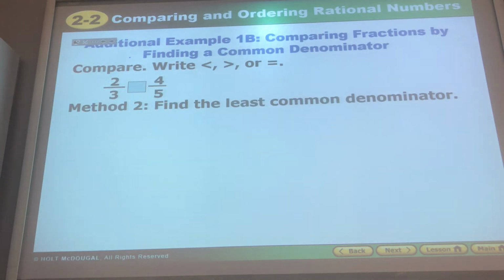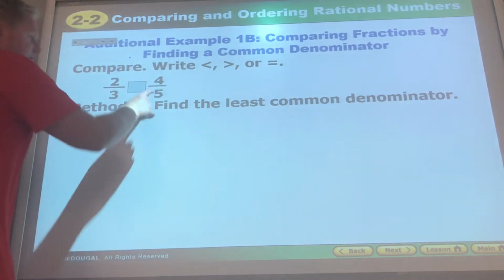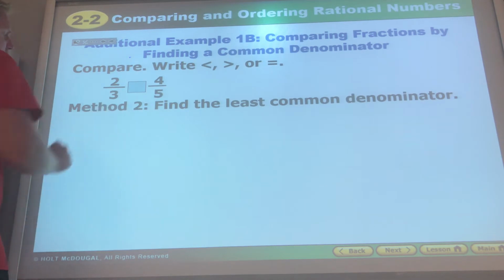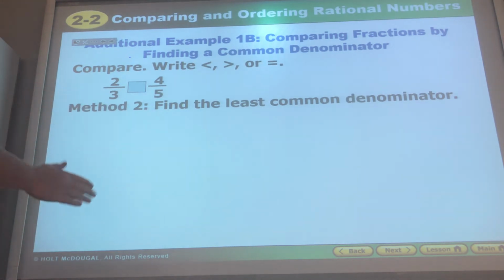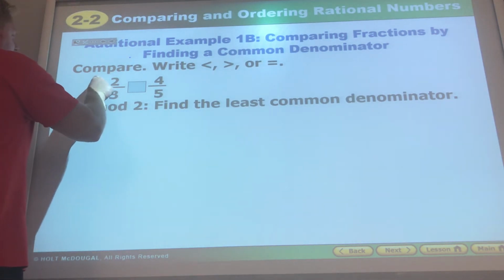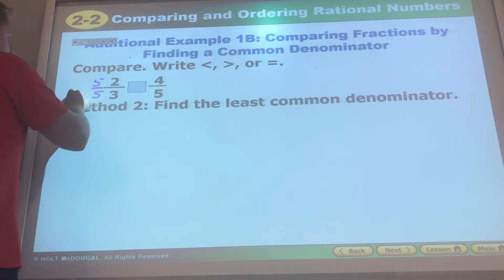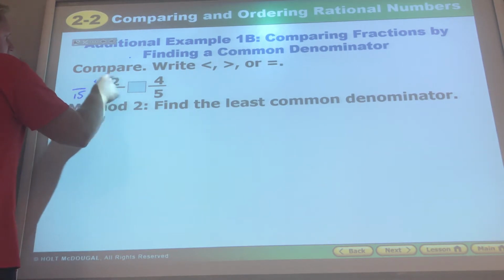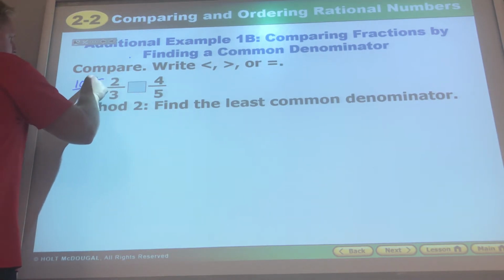Then we have 2/3 and we have 4/5. All right, I'm going to know that 5 goes into 15, 3 goes into 15. So if I take this side by 5/5, that will get me 15 on the bottom. That will get me 10 on the top.